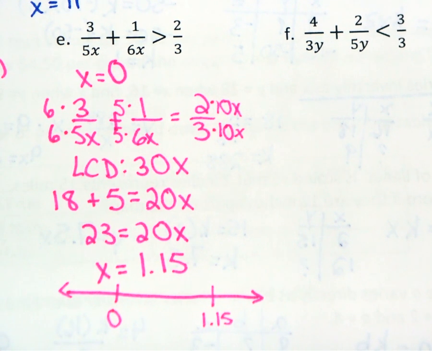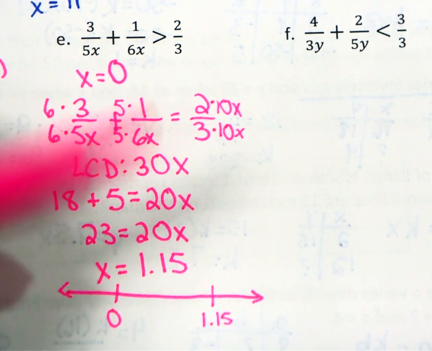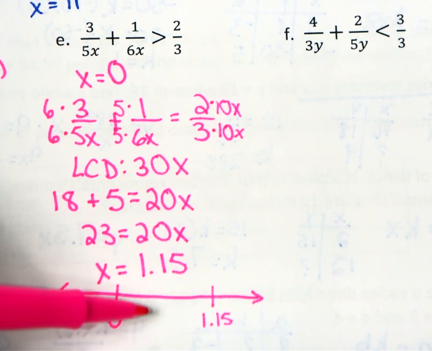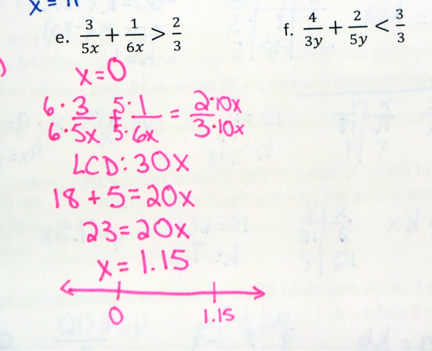That divides our number line into 3 separate parts: one below 0, in between 0 and 1.15, and greater than 1.15. So pick a number for all 3 of those parts and plug it into the equation.